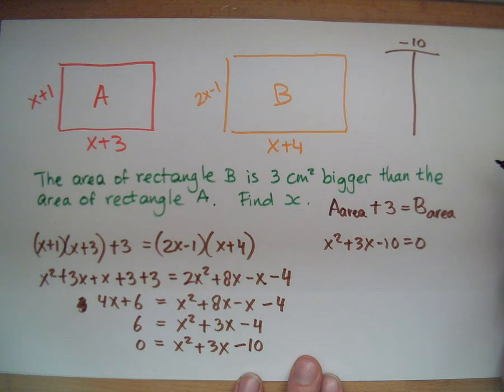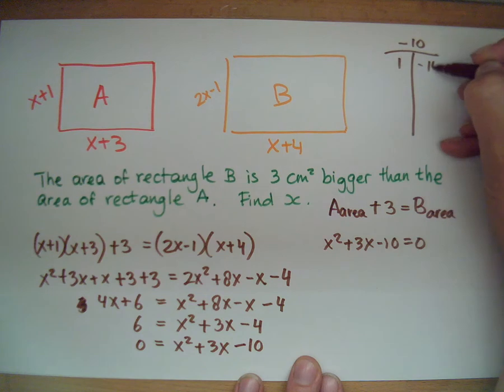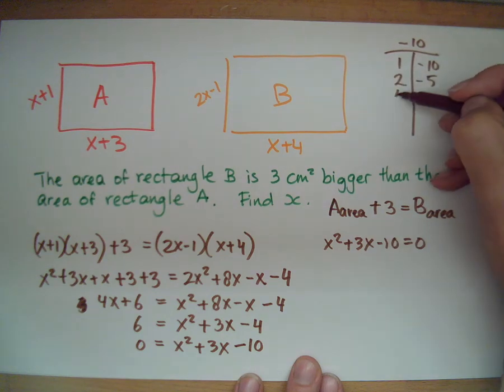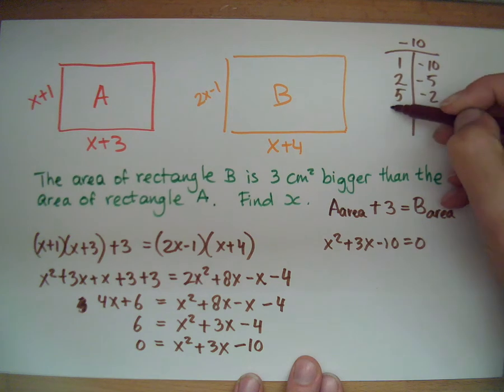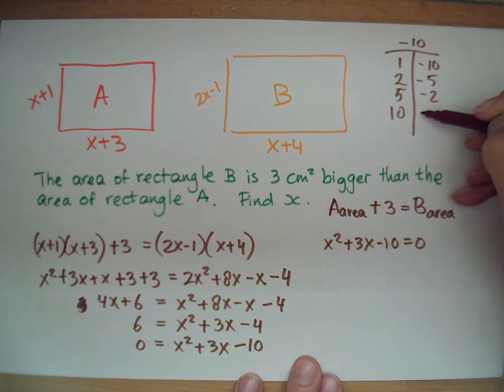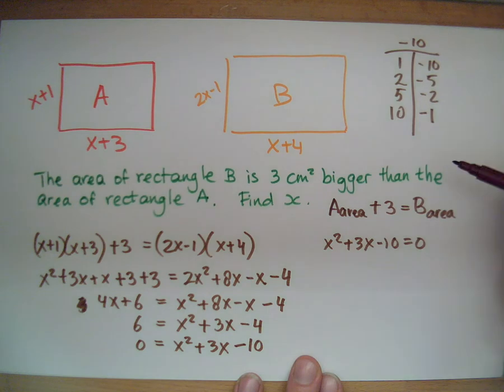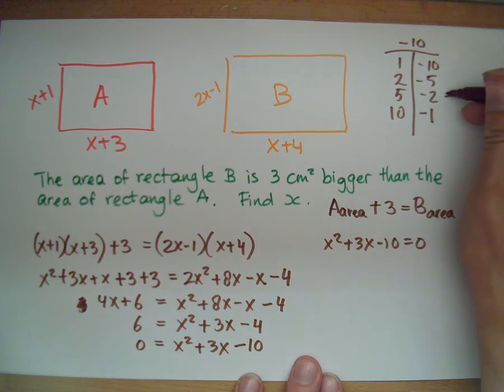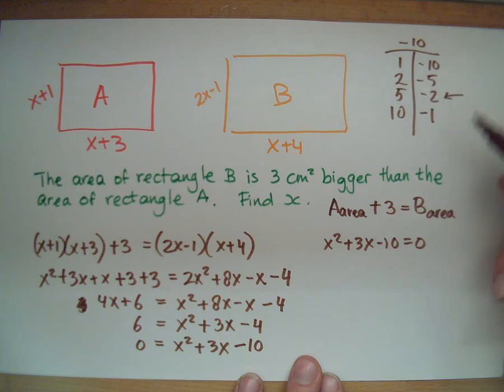We can get that by doing 1 times negative 10, 2 times negative 5, 5 times negative 2, or 10 times negative 1. Now I'm going to look for a combination that adds up to plus 3. That would be this one, because 5 plus a negative 2 is equal to 3.